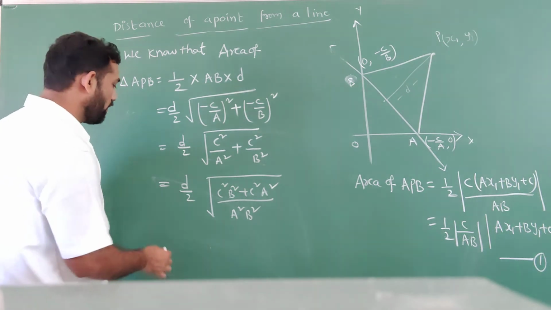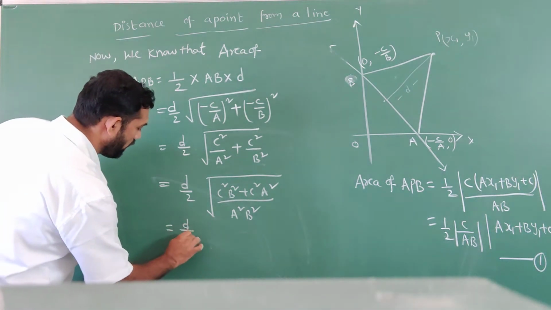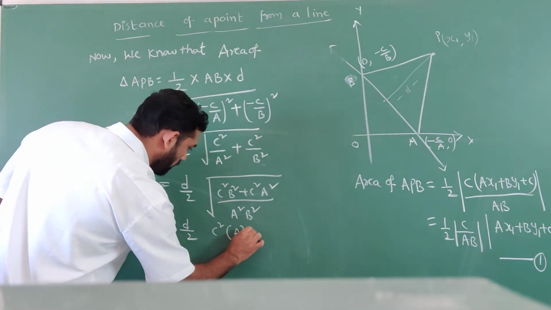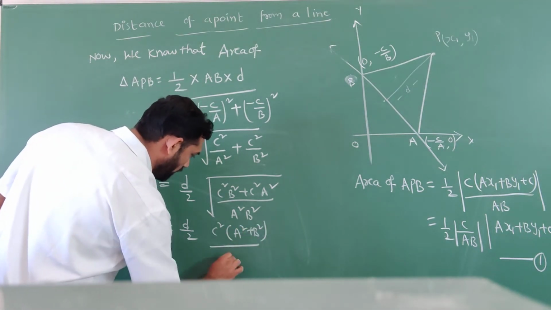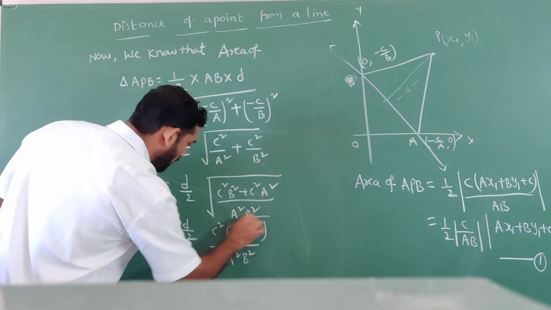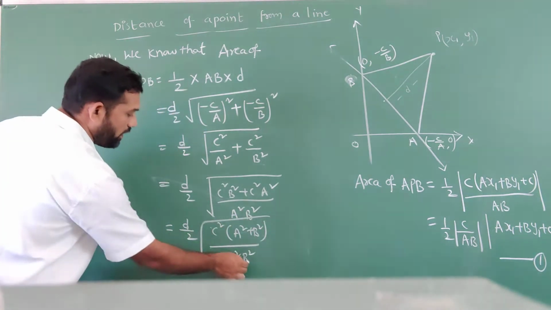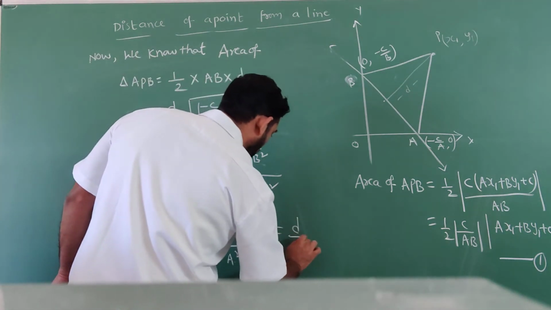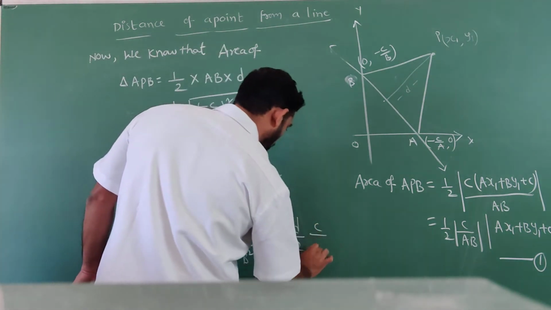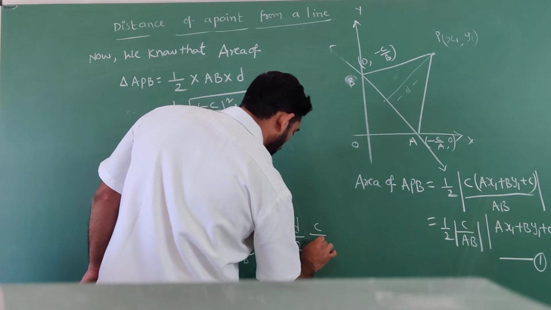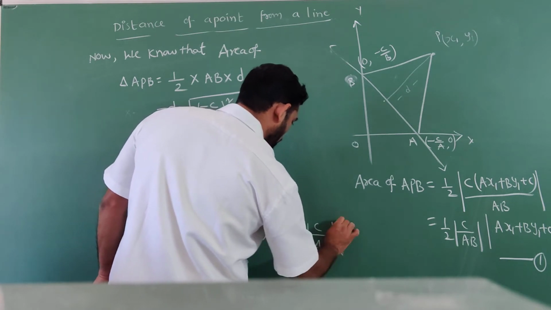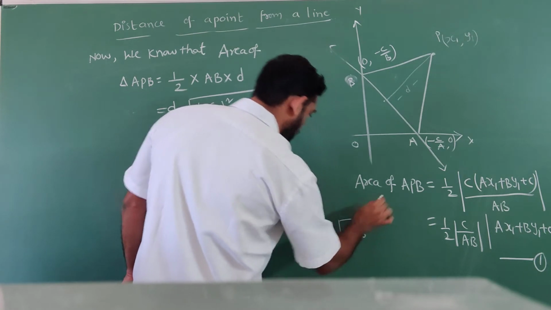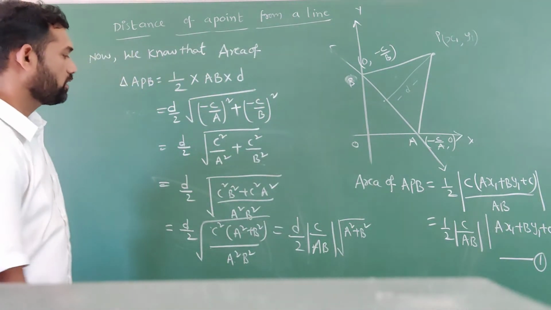Again in numerator C square of A square plus B square over A square B square under root. Now C square by A square B square, you apply root: D by 2, so C by modulus of AB, root over A square plus B square.